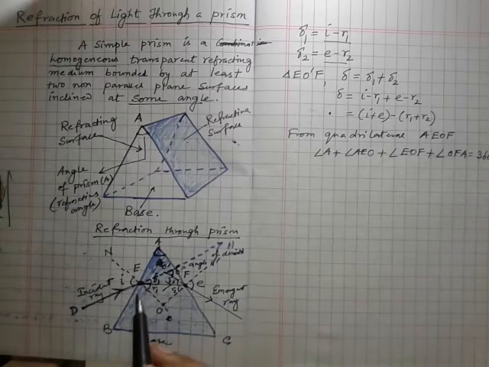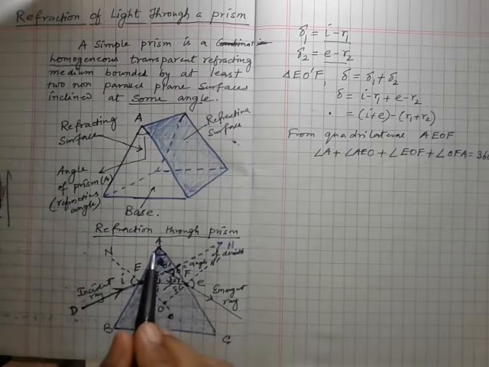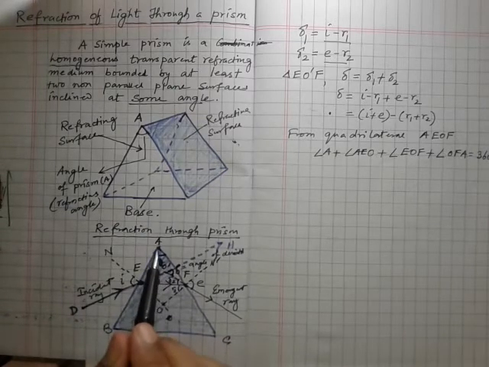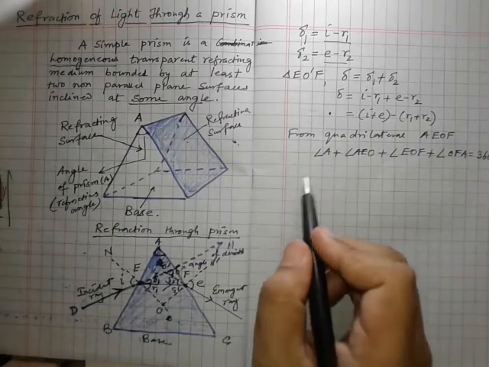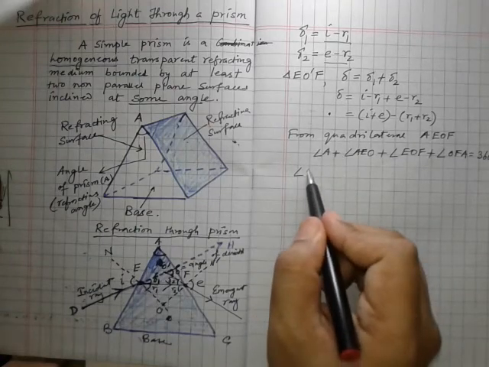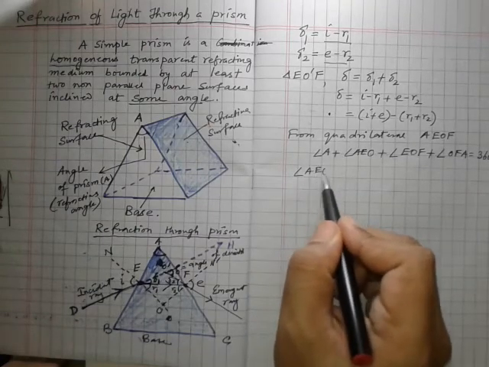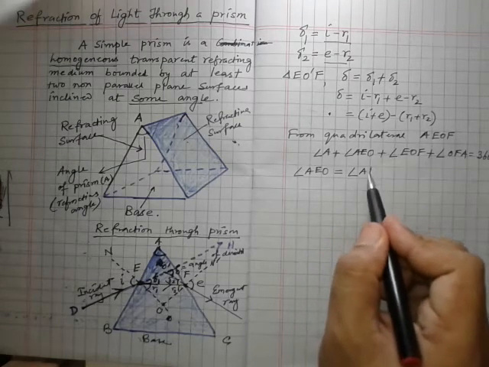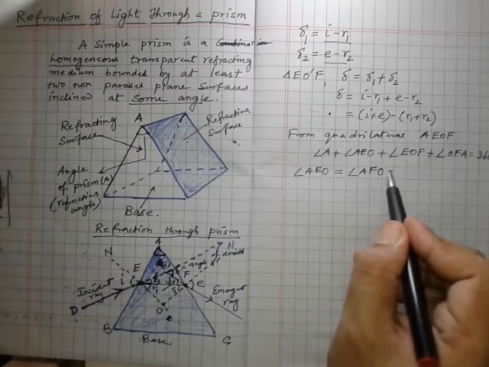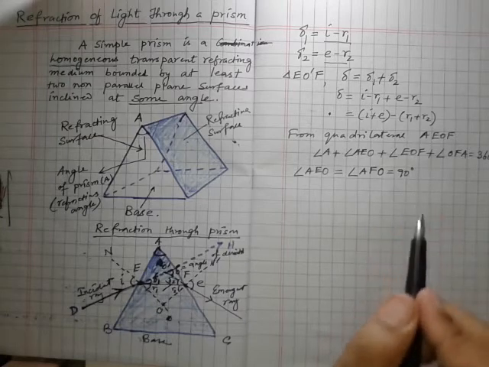Now already angle AEO and angle AFO are 90 degrees because this is perpendicular, this was the normal. So you can write angle AEO is equal to angle AFO is equal to 90 degrees.